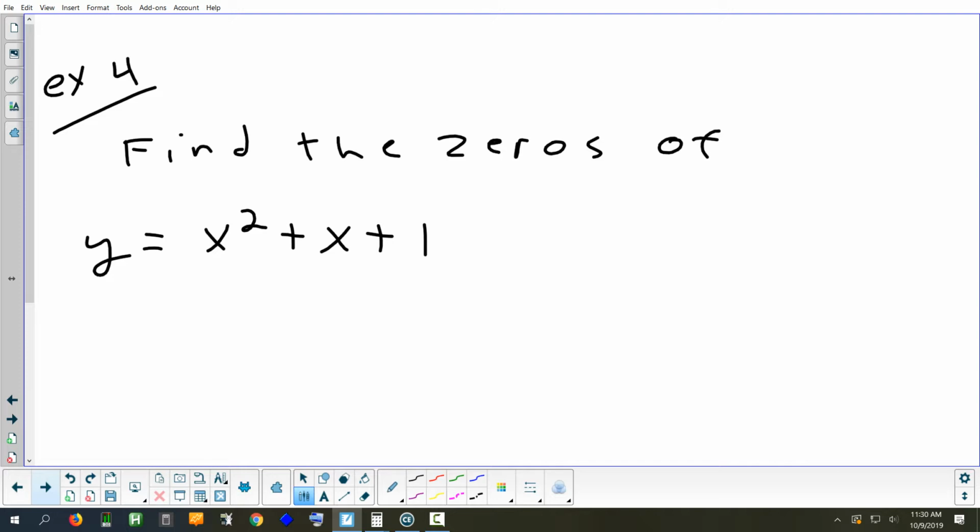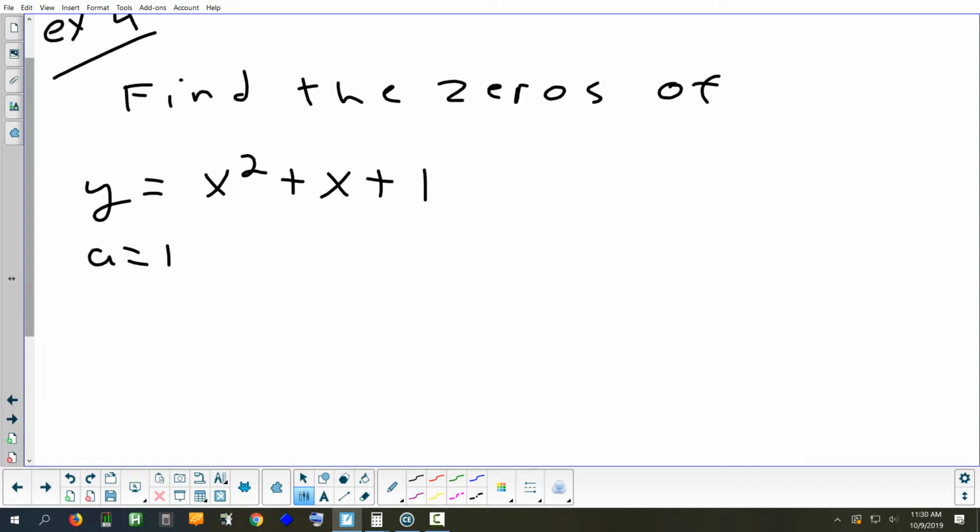The only thing we have left to do here is what I had you guys do a few slides ago, simplify square roots. So what is the square root of negative 3? Just i square root of 3. What kind of answers are those? Real or imaginary?